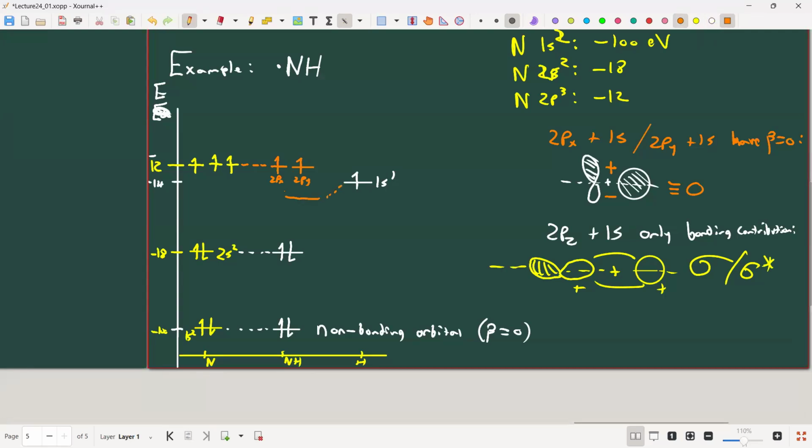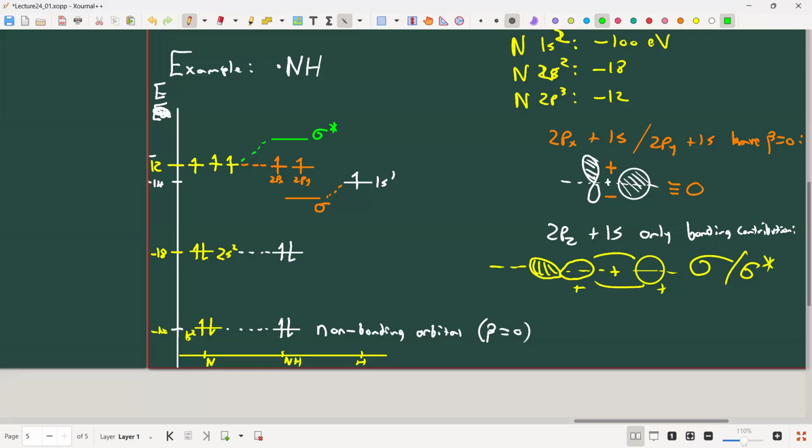So I'm going to have a sigma bonding orbital here, and then a sigma antibonding orbital here, that looks more like nitrogen. Okay, and now the question we have to ask is, what do these orbitals look like?